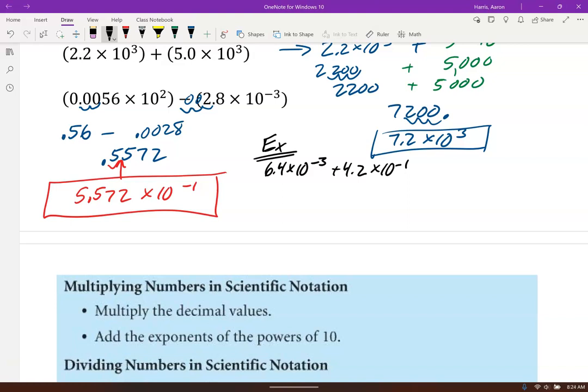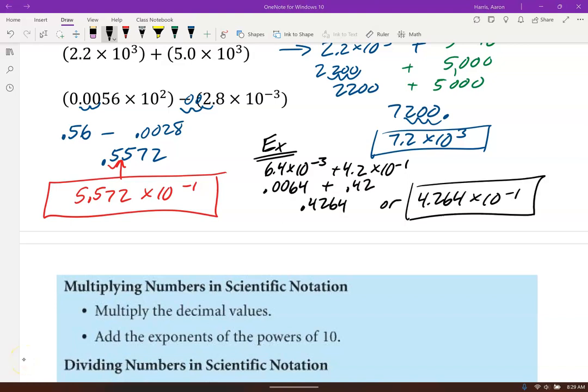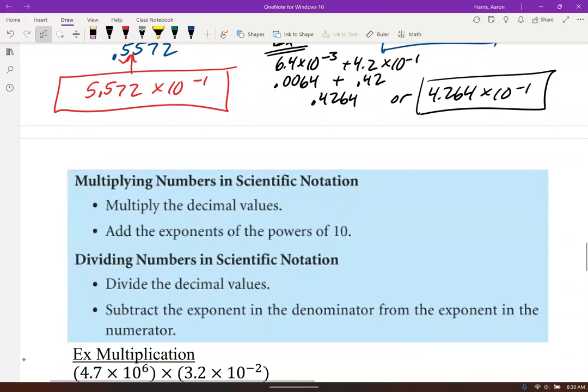You guys try that one right there. So go ahead and check yourself with that, and let's move on to multiplying numbers in scientific notation.